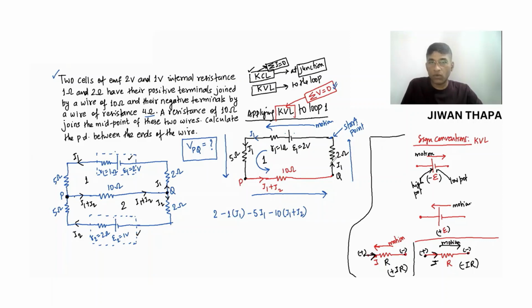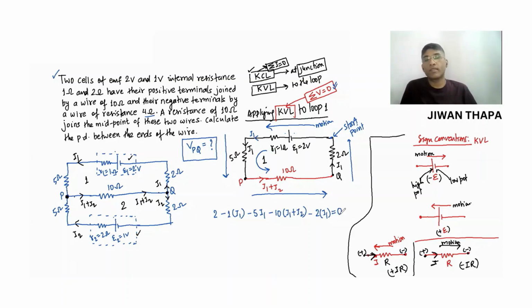And for this part, we are moving along the direction of current I1, and if we find the product 2 times I1, then this is taken as negative, and this whole sum equals 0.